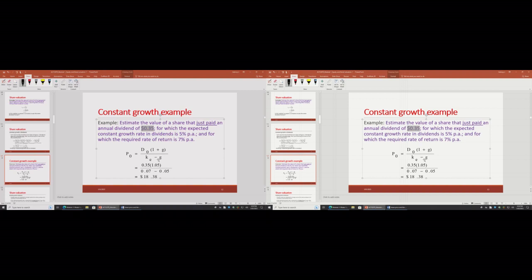By looking at this example, let's have some extension here. What if the dividend growth rate is 8%? It's possible that the growth rate is greater than the required rate of return.